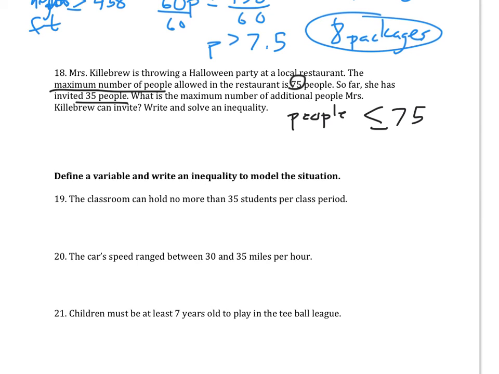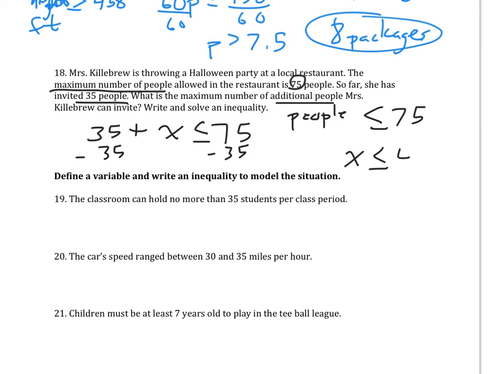So right now there's 35 people plus the people we haven't invited, the additional people. All of that has to be less than or equal to 75. That's my inequality, and then pretty simple to solve. So the number of additional invites has to be less than or equal to 40. Story problems ain't so bad.